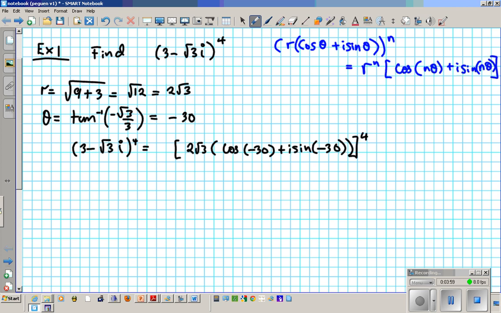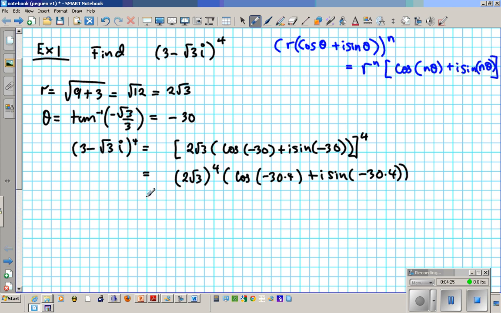Now we're going to apply De Moivre's theorem. We raise the radius, or the absolute value, to the fourth power, so 2 root 3 to the fourth, and then multiply the angles by 4. So it's going to be cosine of negative 30 times 4 plus i sine of negative 30 times 4.